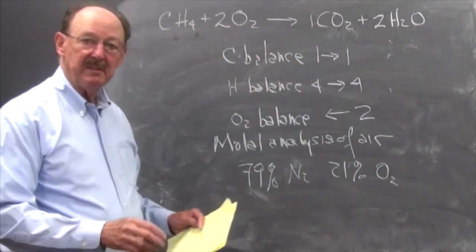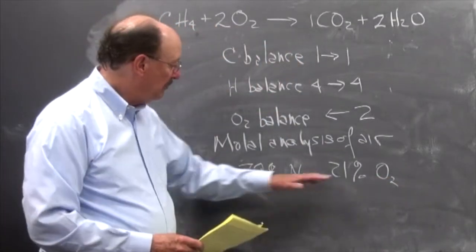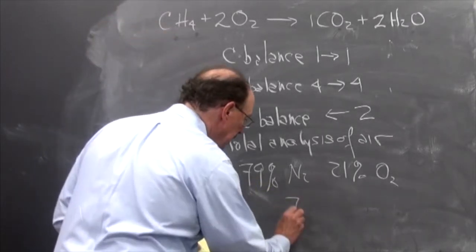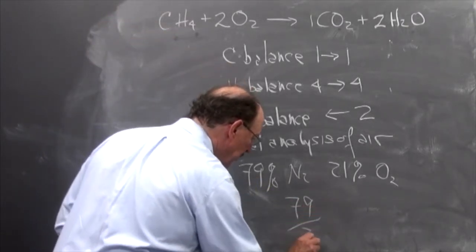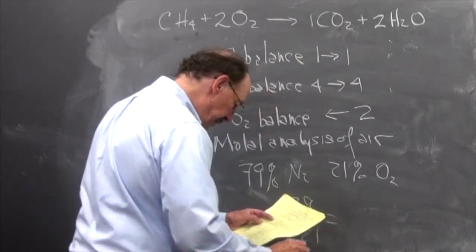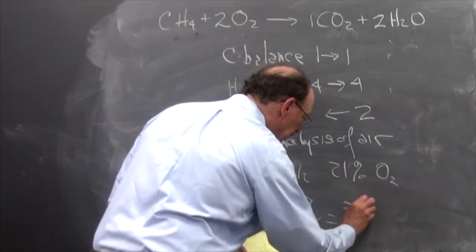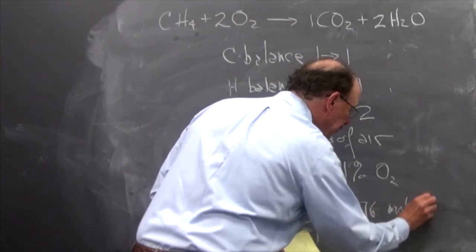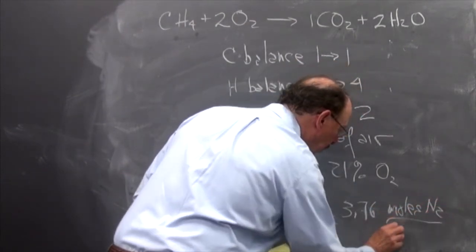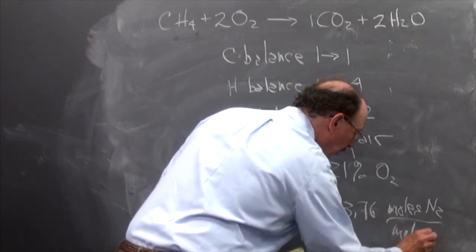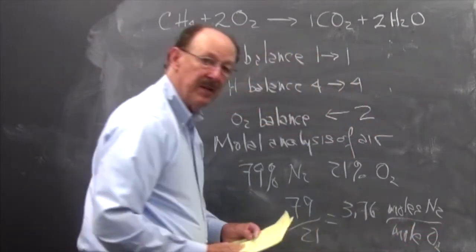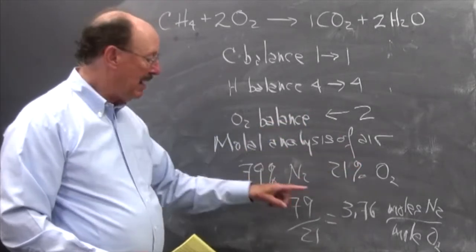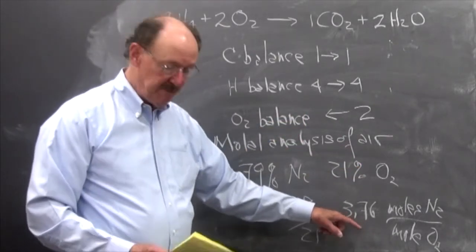Now there are various other gases around, but we're going to assume that. If we look at this, 79 divided by 21, we'll see there are 3.76 moles of N2 per mole of O2. So for each mole of oxygen, we're going to have 3.76 moles of nitrogen.